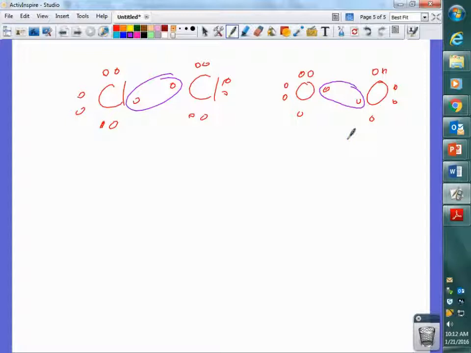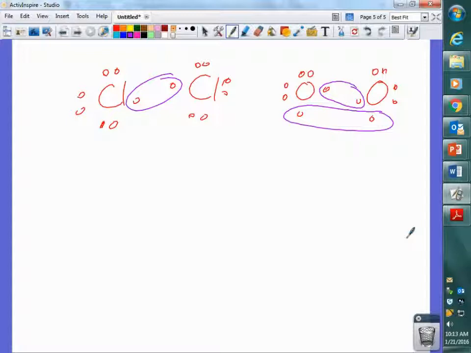But if we look now and we count up oxygen's valence electrons, the one on the left has 1, 2, 3, 4, 5, 6 of its own, plus the one that it's sharing with the other oxygen. Now it has 7. Is it in its lowest energy state yet? Not there. But hopefully you make the connection here, right? They each still have a single electron there that they could share, right?